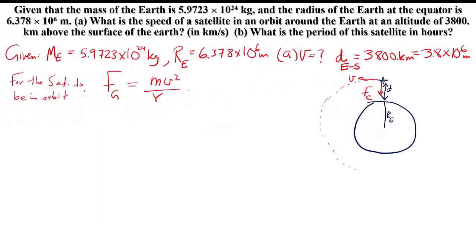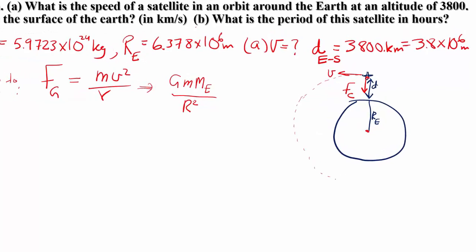So now we'll go ahead and set the force of gravity, which is G times m1, where m1 is the mass of the satellite, times m2, which is the mass of the Earth, over the distance squared between the center of the Earth and the center of the satellite.